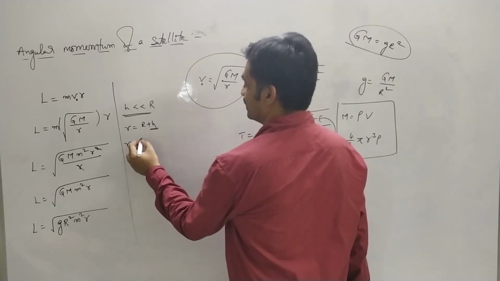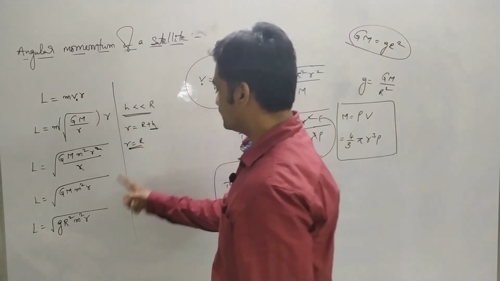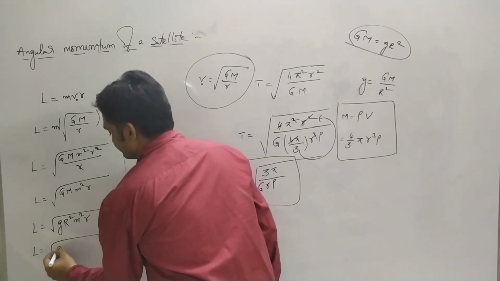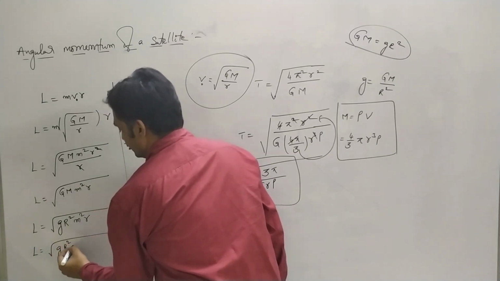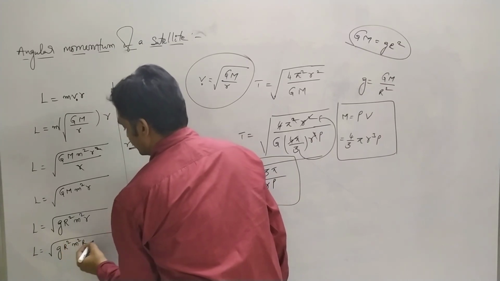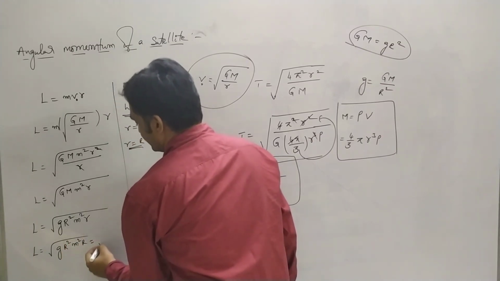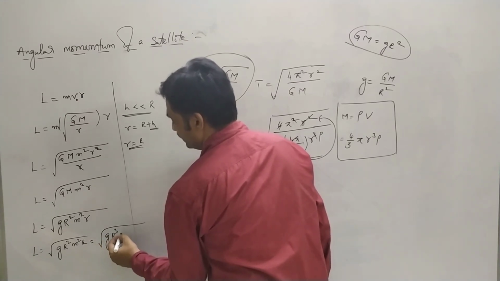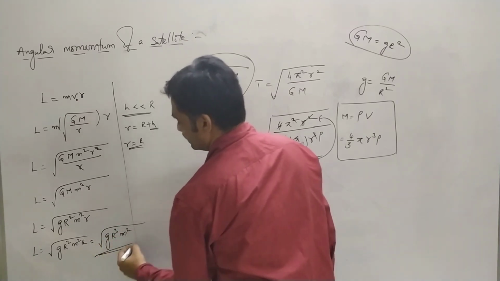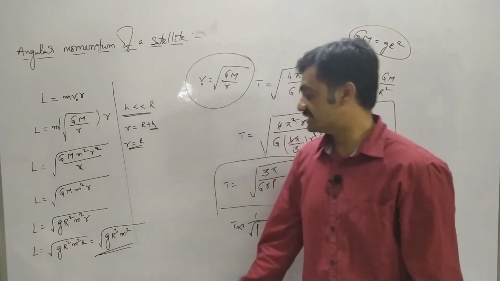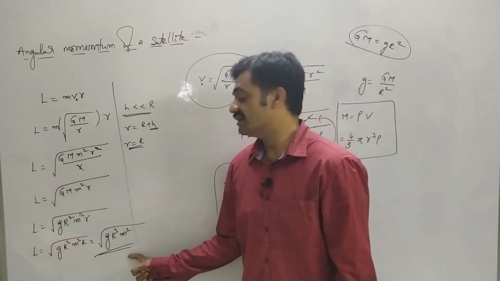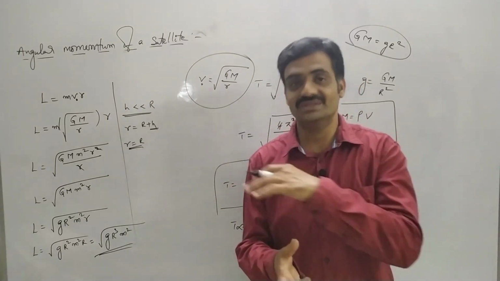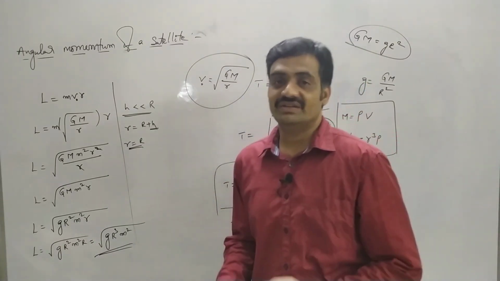Then in place of small r we can substitute capital R. As we substitute, the angular momentum can be given as L is equal to g R square M square into R, which can be represented as g R cube into M square. This represents the angular momentum of a satellite when it is revolving very near to the Earth. Take a screenshot, we'll continue.